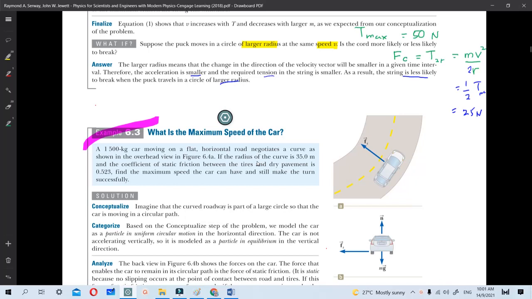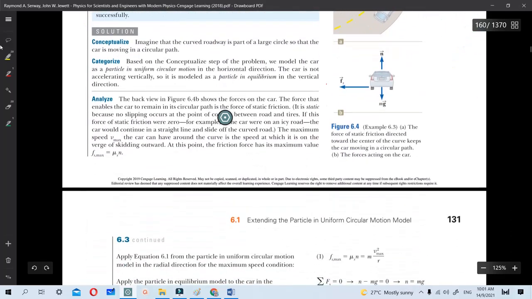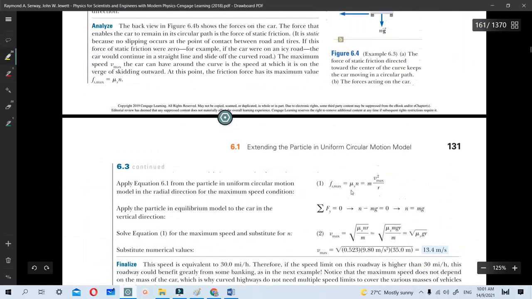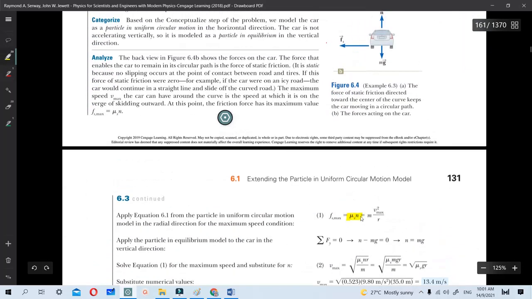So you need to memorize again that static friction can be calculated using the expression coefficient times the normal force. And since it's static, it is the coefficient of static friction. This is given by your book.